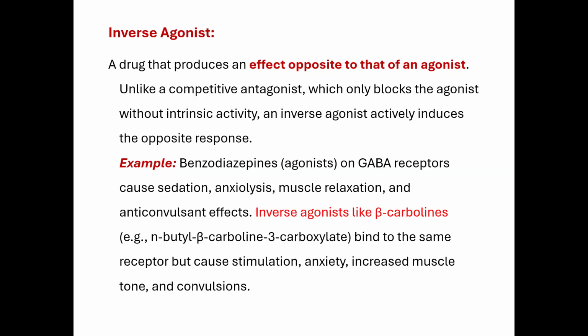When you look at this example, benzodiazepine is an agonist on a GABA receptor, and it causes sedation and anxiolysis, muscle relaxation, name it. However, an inverse agonist like beta carbolines usually tends to bind to the same receptor but causes stimulation, anxiety, increased muscle tone, and convulsions, which are opposite to what the benzos do.